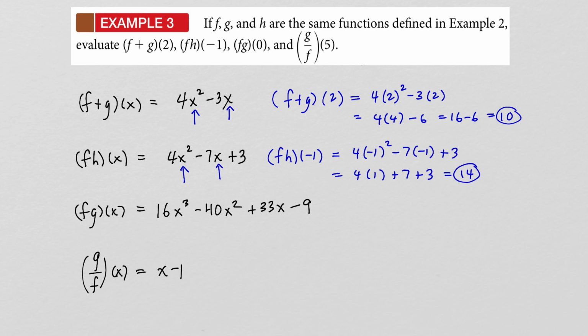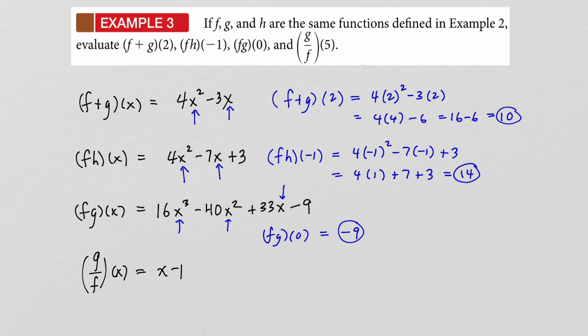F times g is this big function here. So f times g of 0 is simply going to be this function, but we're going to plug in x equals 0. And can you see that when you do that, you're going to get negative 9, right? If you plug 0 in, all of these terms become 0, and you just get negative 9 left over.